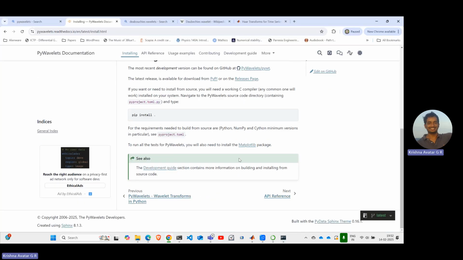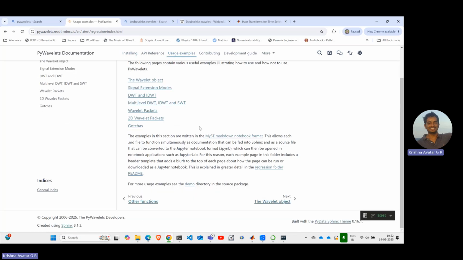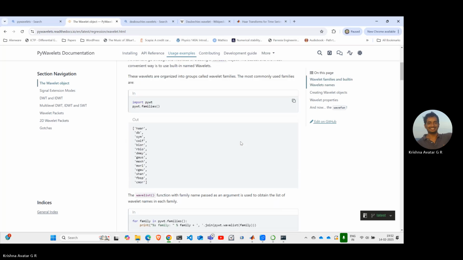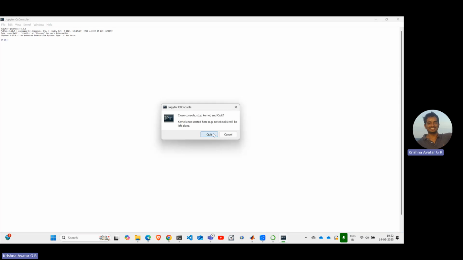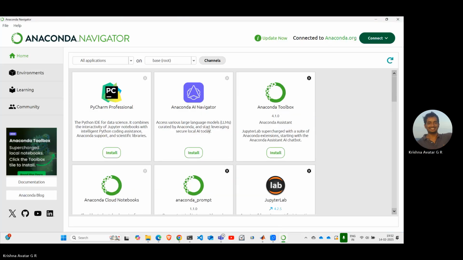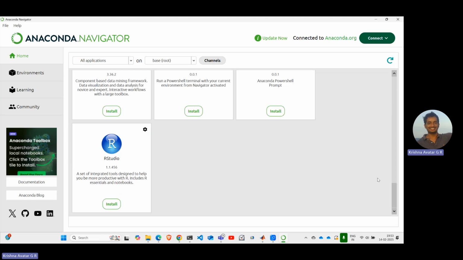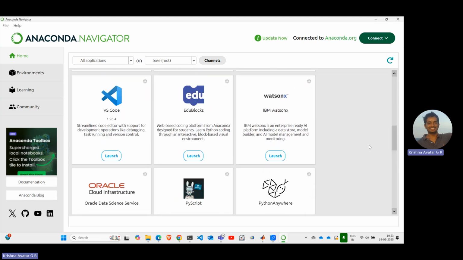So we have all that done. API reference, we'll just go for user examples. So say import pywt. And I would rather save these results, so let me launch VS Code.